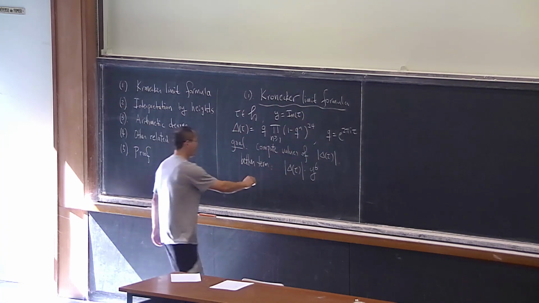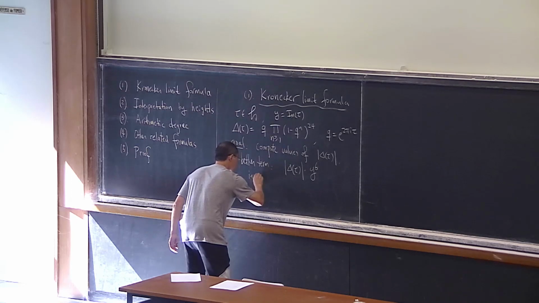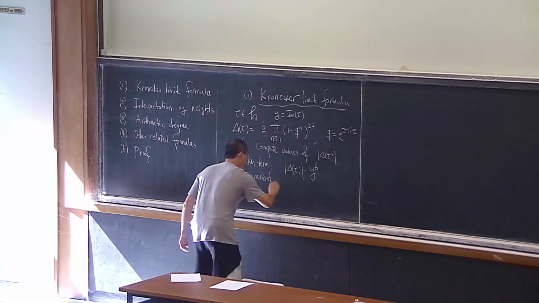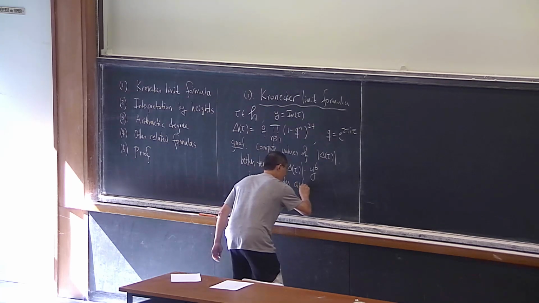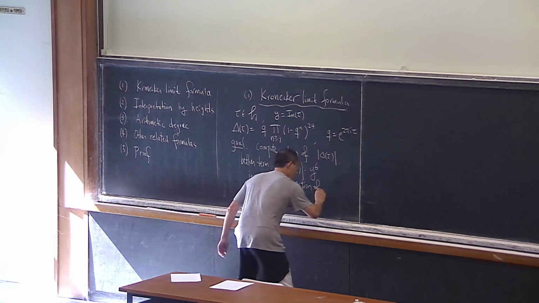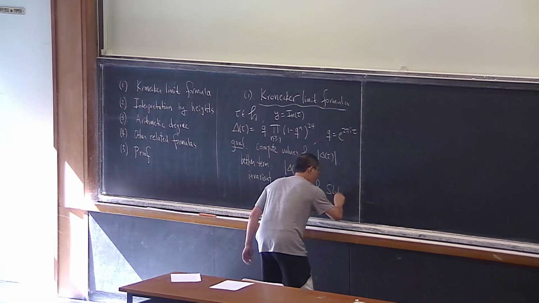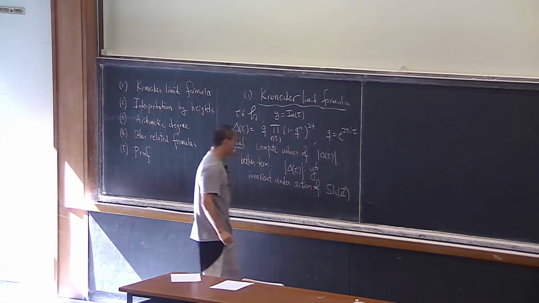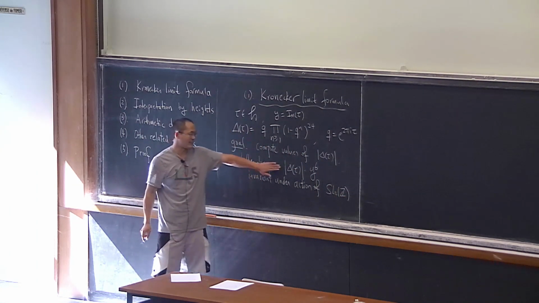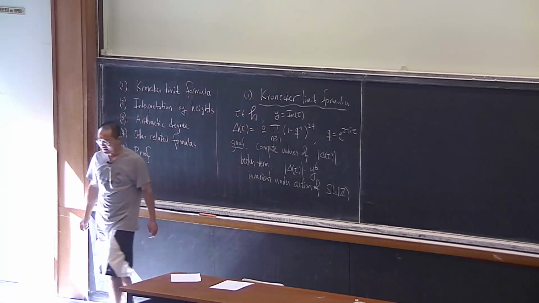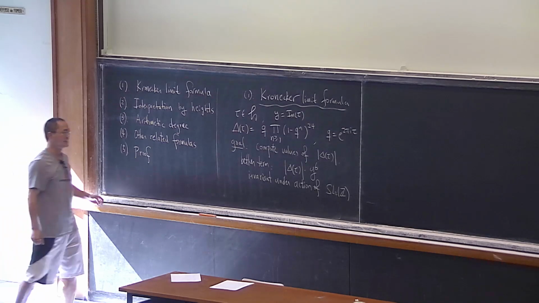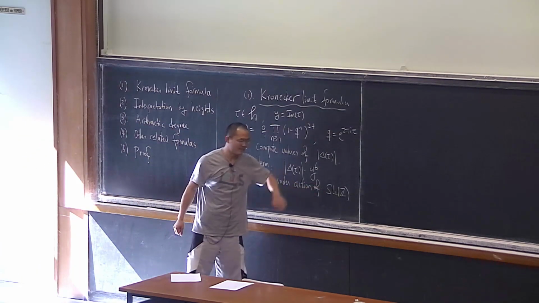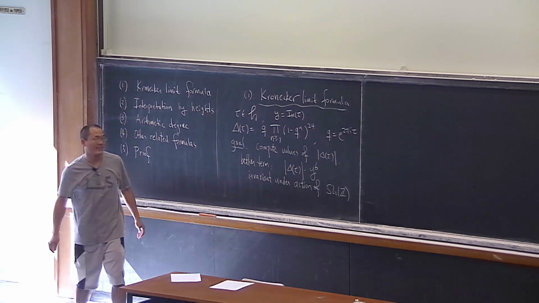So now this one is invariant under the action of SL2Z. So the formula is an expression of that one. And the other side, of course, it will be something invariant under the action of SL2Z. It turns out that it is given by an Eisenstein series.